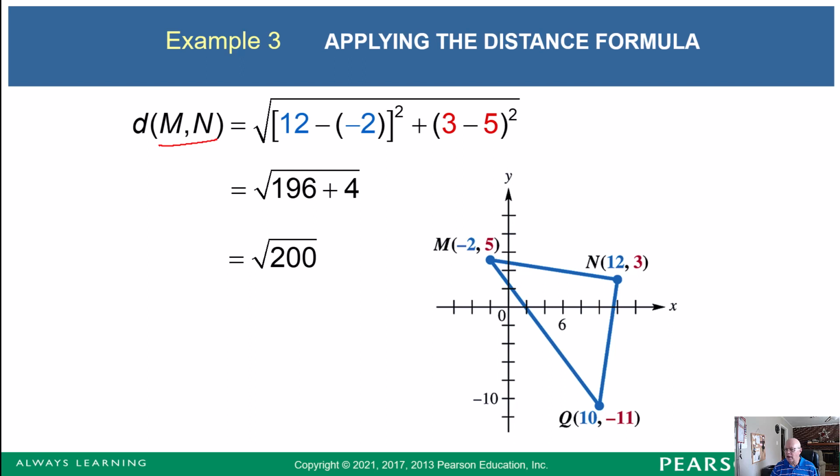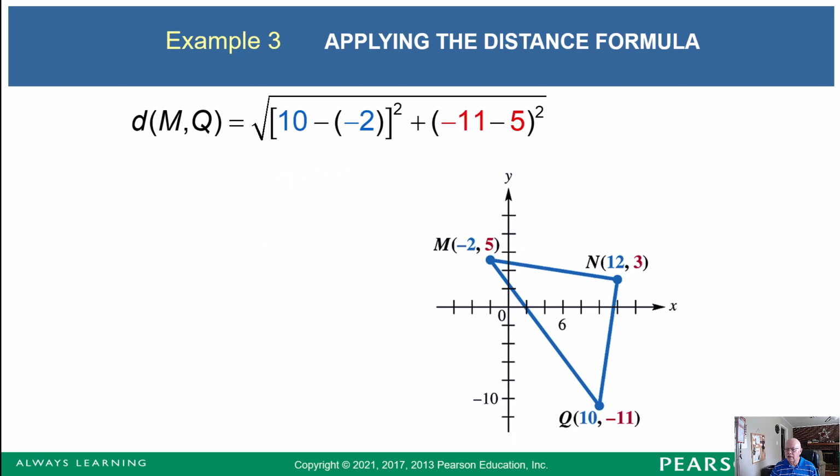M to N, square root of 200. M to Q. Good practice. That way you are less likely to make a mistake. That gives you the square root of 400. And that's from M to Q. Square root of 400 there.